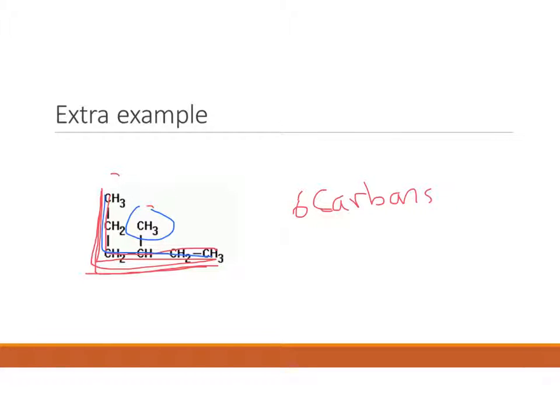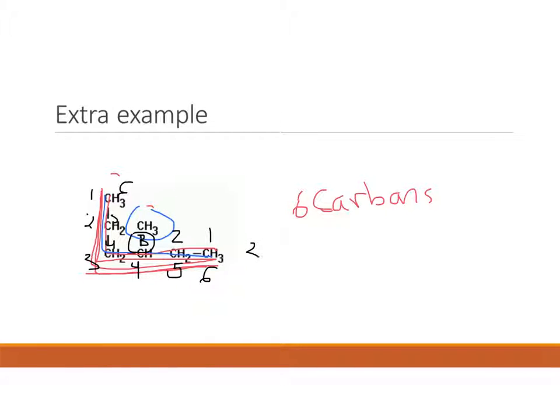So if we were to start at the top, we'd have 1, 2, 3, 4, 5, 6. And if we were to start at this end, we'd have 1, 2, 3, 4, 5, 6. Obviously, the second method is better because we end up with a 3 on that substituent there. So that's the order we number them in.